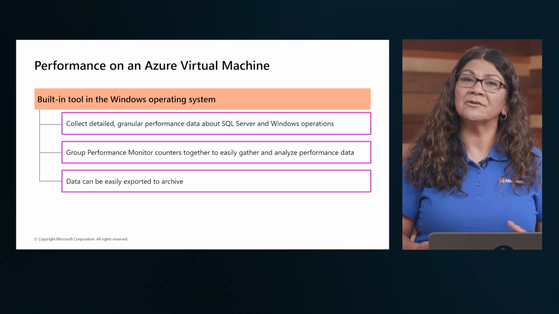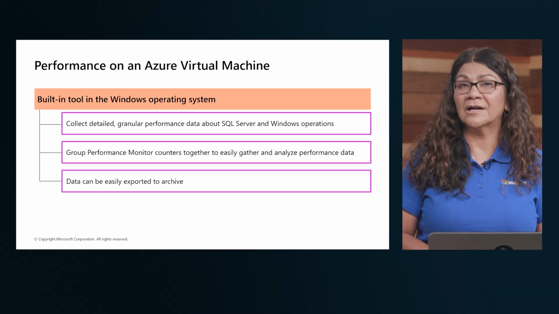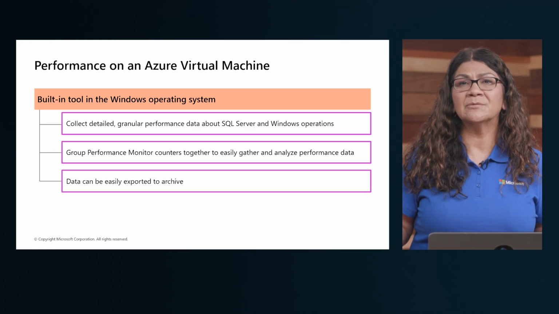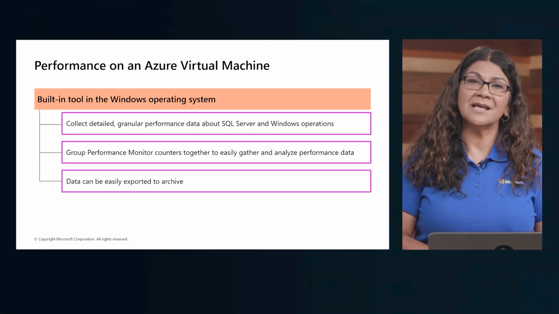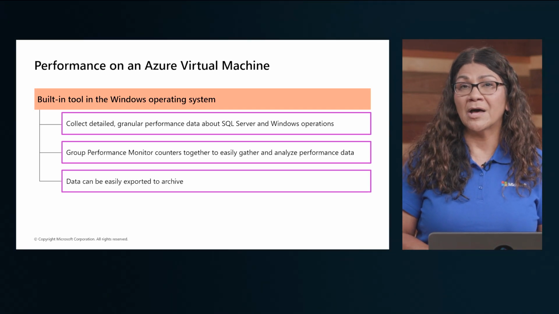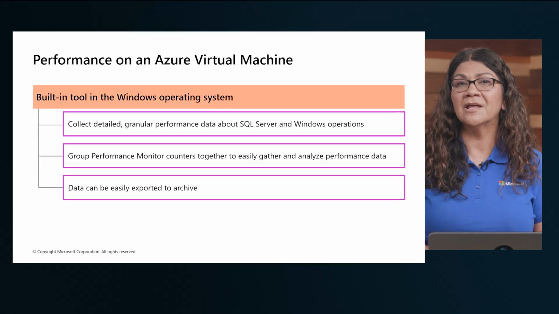You can group counters to streamline analysis and export data for archiving or deeper investigation, such as storing it in a SQL Server database. This enables administrators to monitor trends, identify bottlenecks, and make informed decisions about resource allocation and performance tuning.